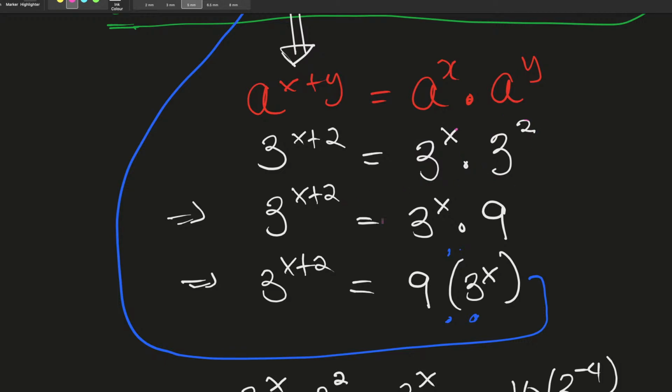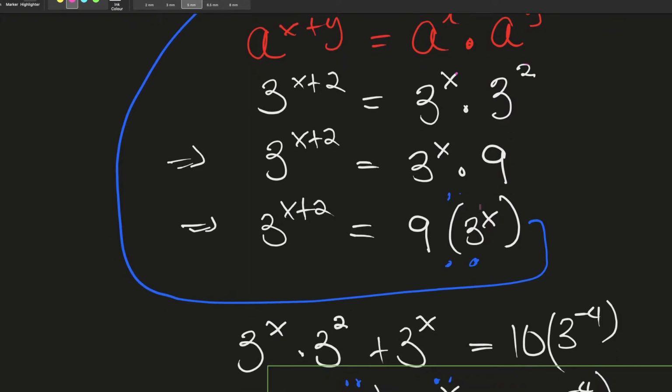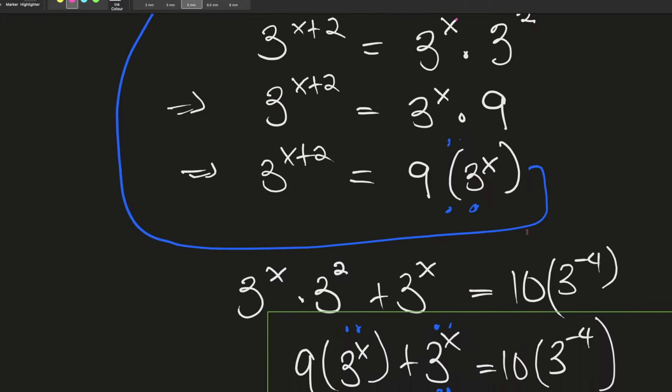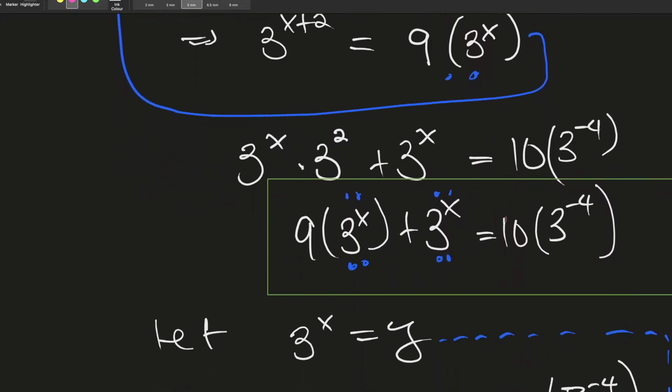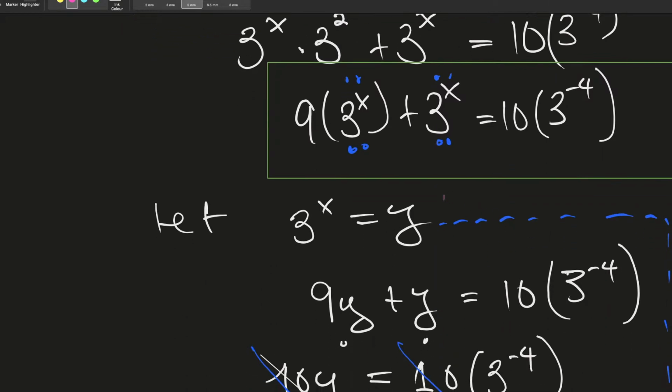And we know that 3 raised to the power 2, when we square it, becomes 9. So we say 3 raised to the power x times 9. Then we factorize, just put a bracket around it so that we will not find ourselves fumbling. And we substituted this back into the equation, and this became our standard equation that we're supposed to handle.